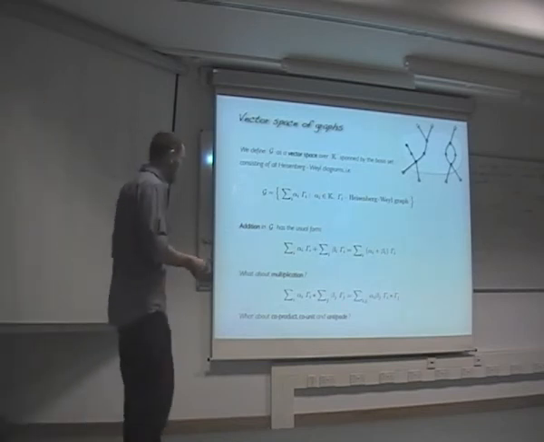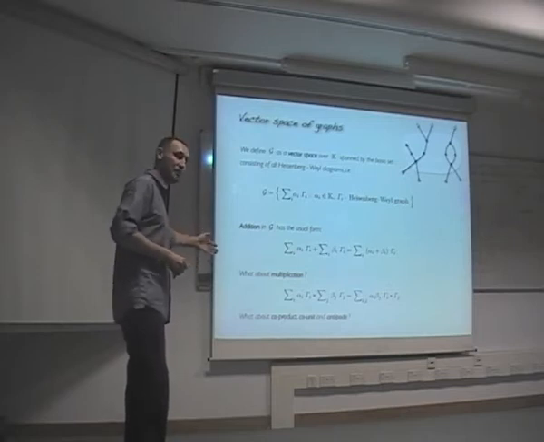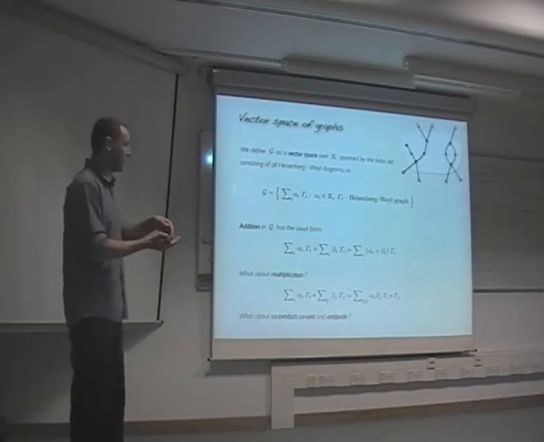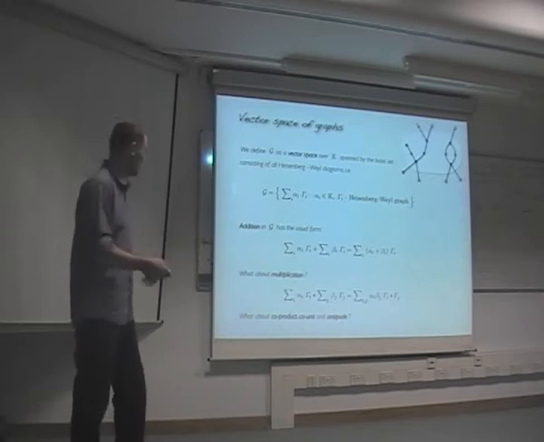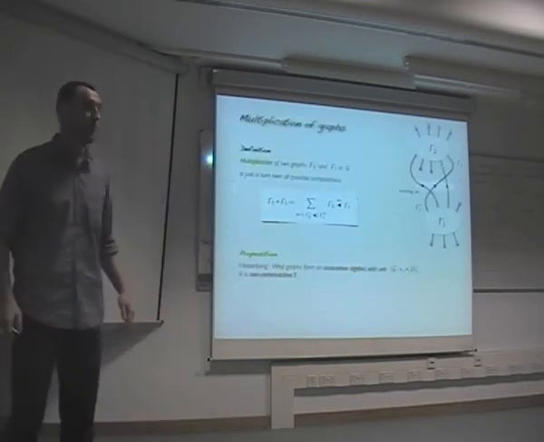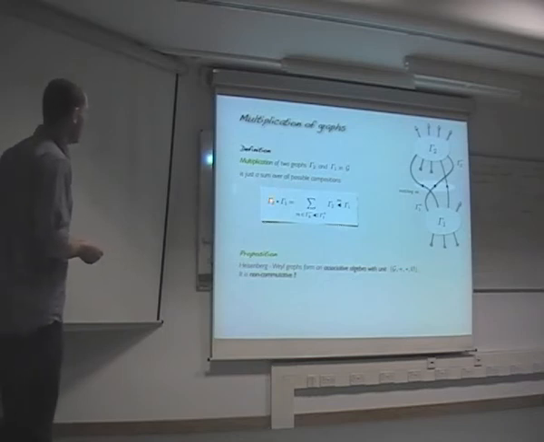I have to provide you with some rule for how to multiply graphs, and it's enough to give it on the basis elements, which are the graphs. So what is the definition of how to multiply two graphs? Since I know how to compose the graphs, I will define the multiplication of graphs gamma 1 with gamma 2 in the following way.